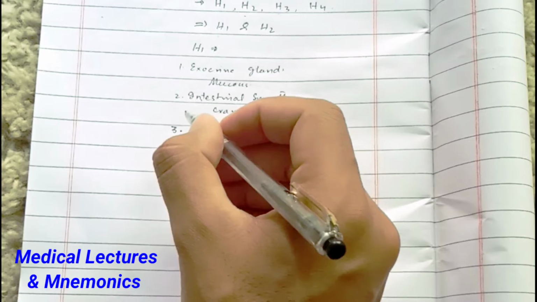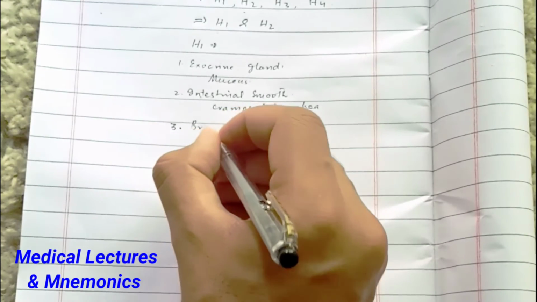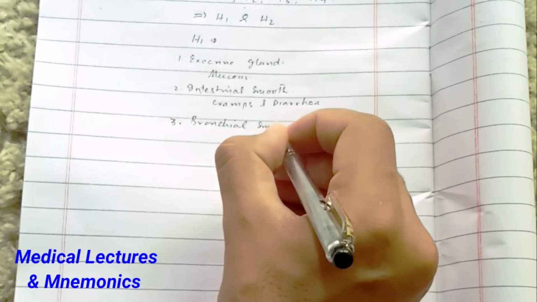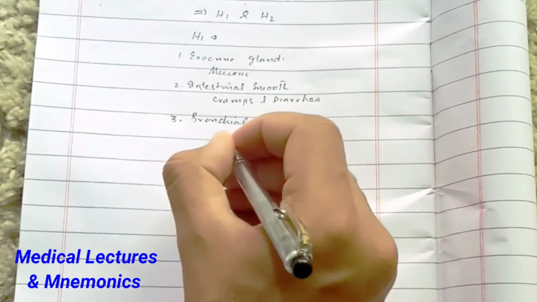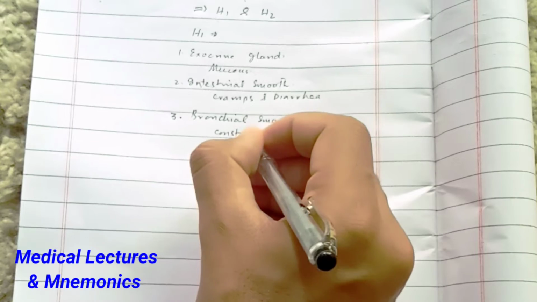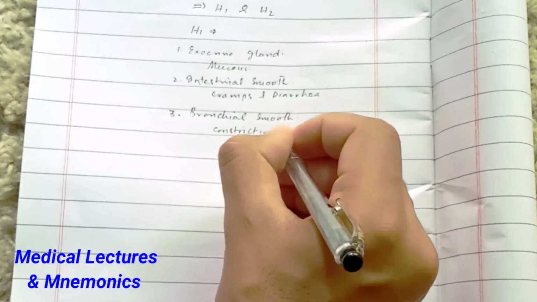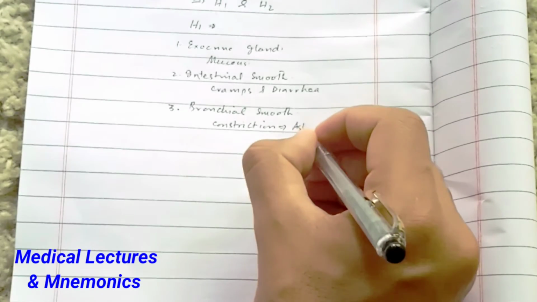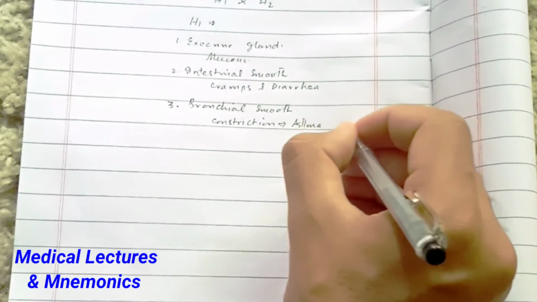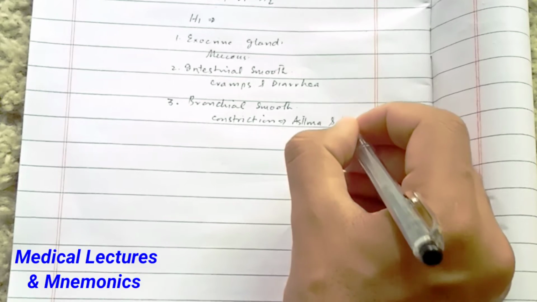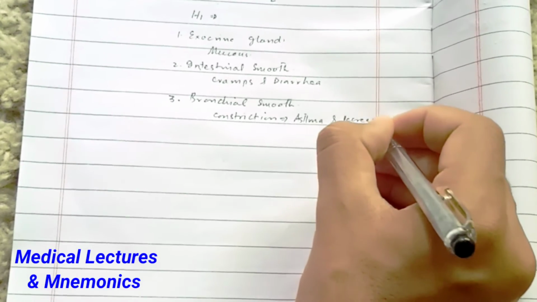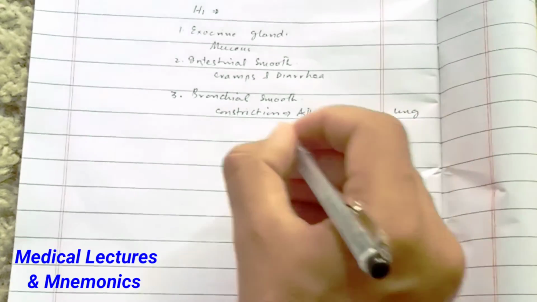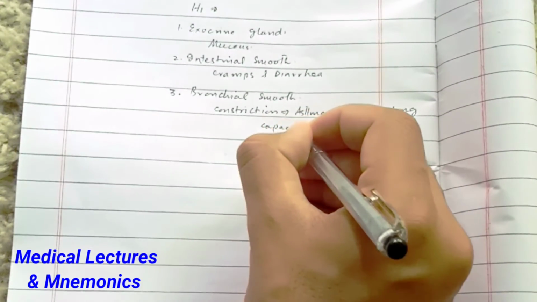And it also acts on the bronchial smooth muscle, causing constriction of the bronchial smooth muscle, which leads to symptoms like asthma and decreased lung capacity.